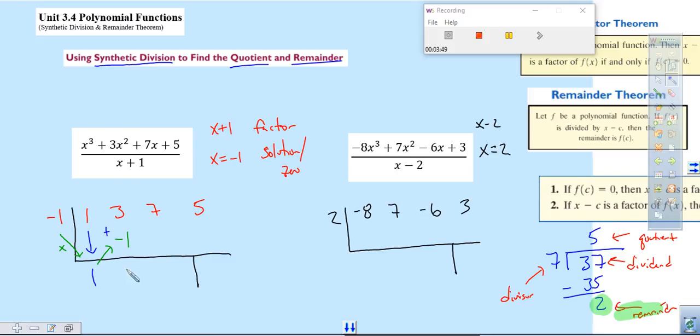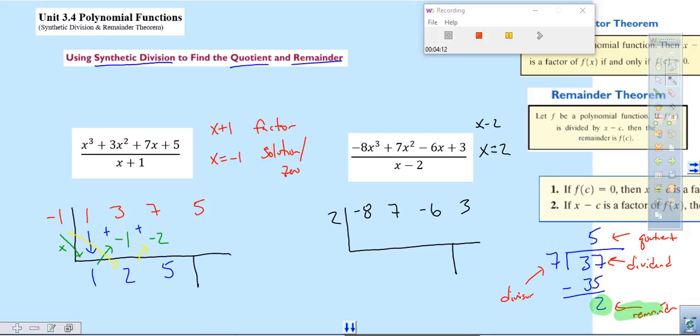So 3 plus -1 is 2. Now, we take the -1 times the 2, and we put our number right there. That's -2. Remember, we add. So 7 plus -2 is +5.